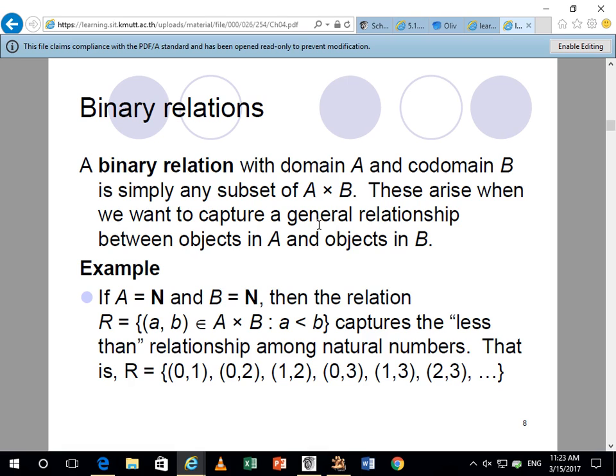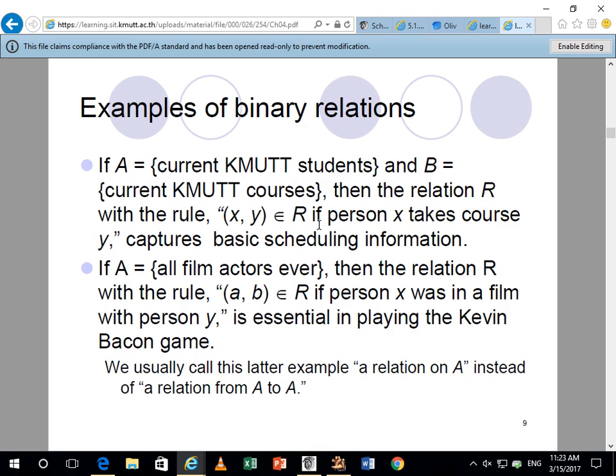Okay, so just more notations, relations. We call it R, and this is the relation. So here's a more practical example, you can say.